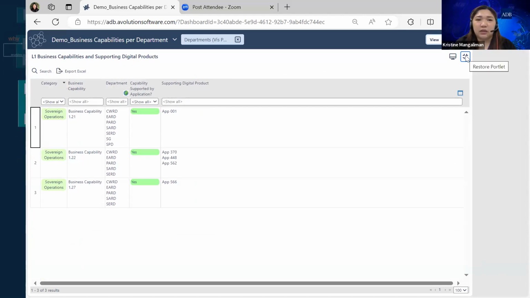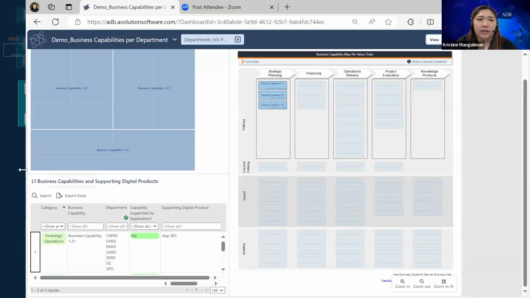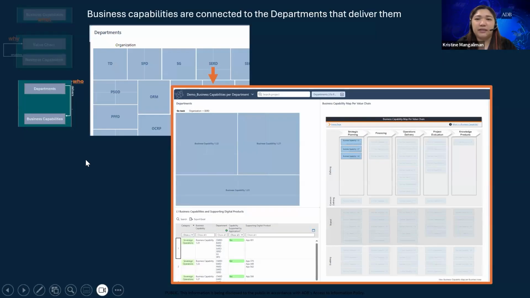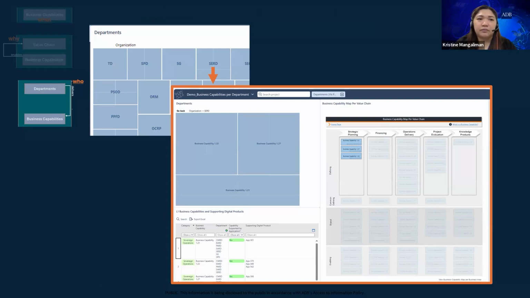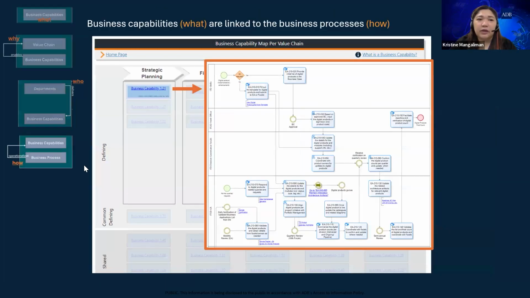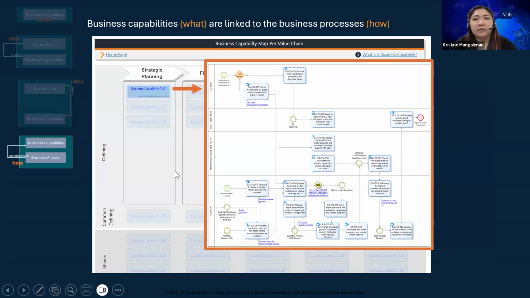So that's the view that we take with the who, or the departments that deliver those capabilities. And then the next one is the how. These are the business processes that operationalize the specific business capabilities.